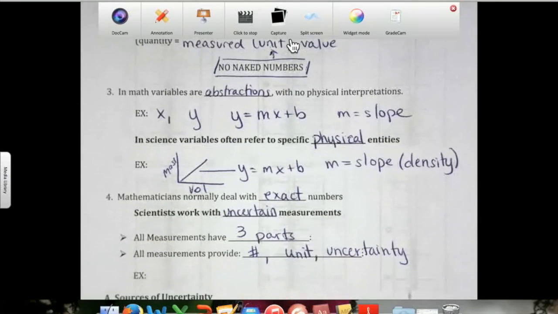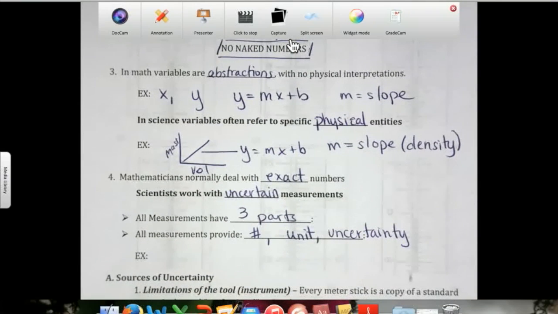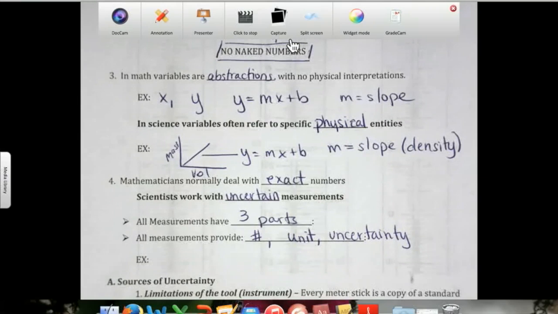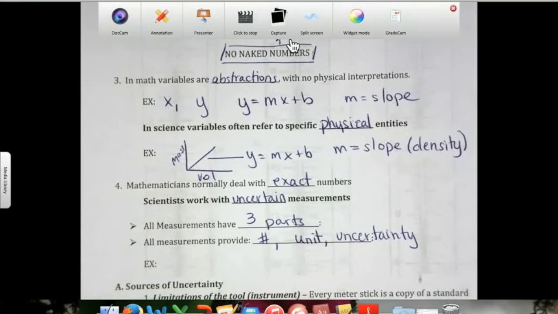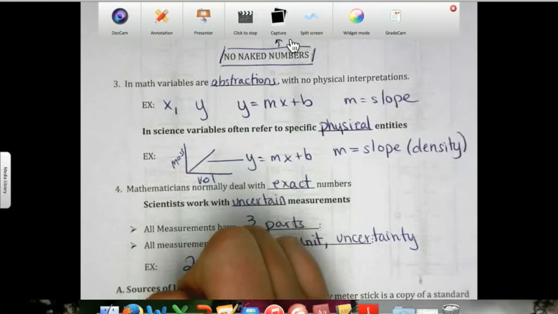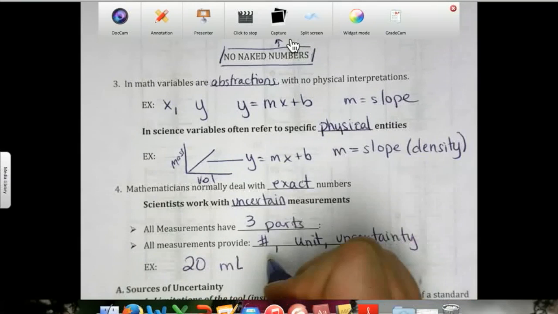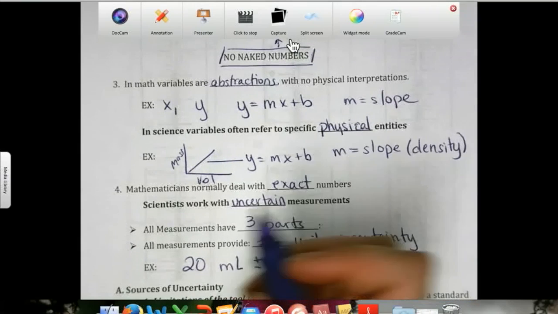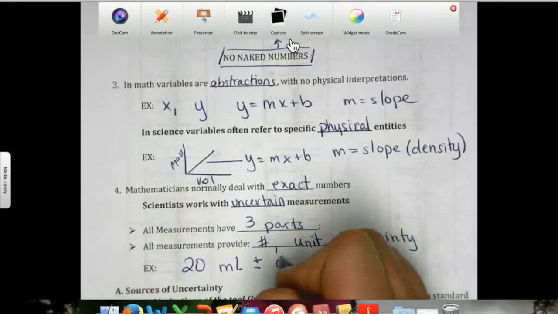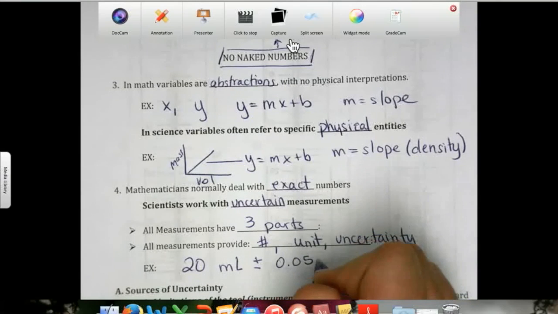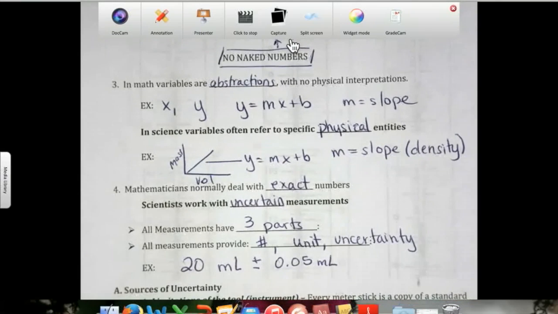So our example that we talked about was measuring those graduated cylinders. So if you are telling me that you got 20 milliliters of your sample, and you're not sure because it's kind of stuck between two little lines there, and you're not quite sure where it is, you're going to give it plus or minus 0.05 milliliters.